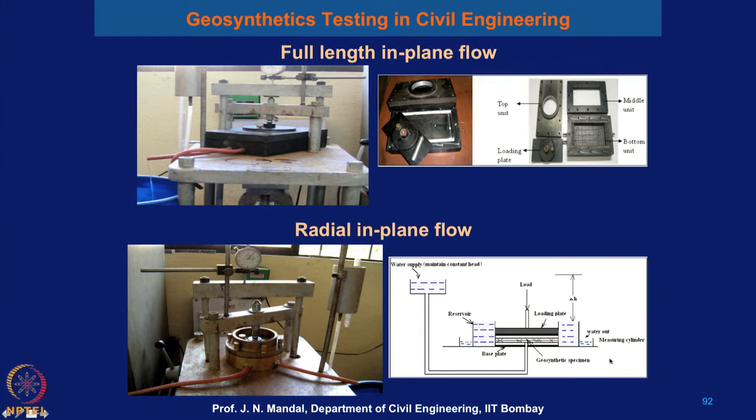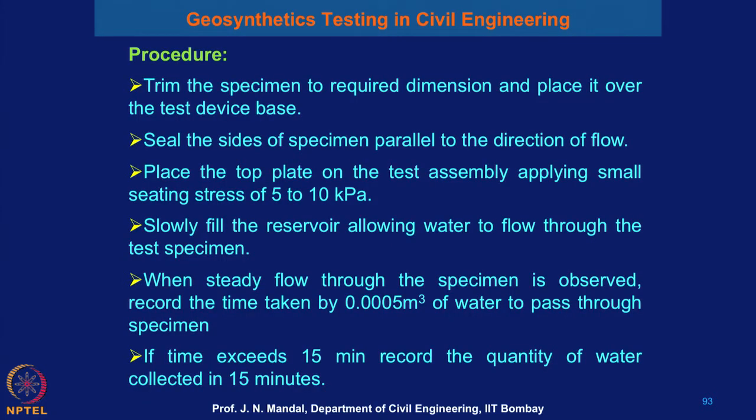This is the geosynthetic material, and from the center water is going through radially, and then you can see the head difference, and then you can determine the transmittivity of the geosynthetic material using the radial in-plane flow, because in case of transmittivity, water will pass along the plane of the geosynthetic material.